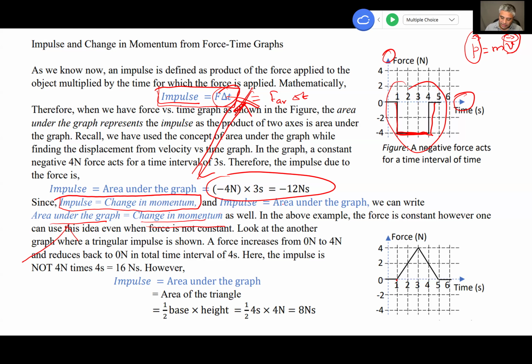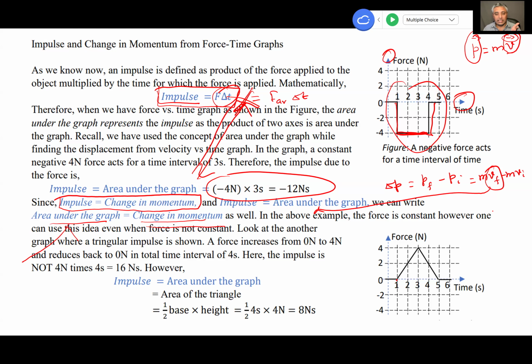And at the same time, change in momentum means final momentum minus initial momentum, that is the change. Or you can write it in terms of mass and velocity, product of mass and velocity, something like this. So this gives us a gateway to calculating the velocities from impulse, okay? So that's how it is related.